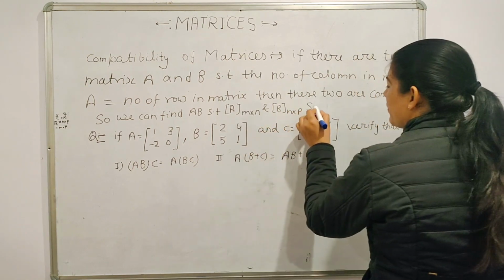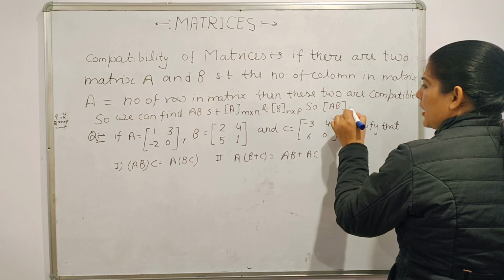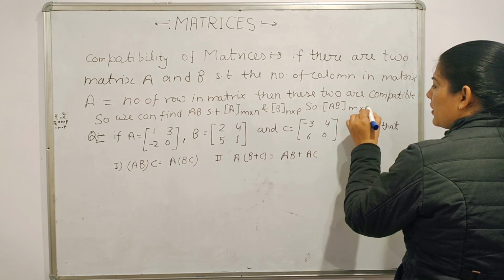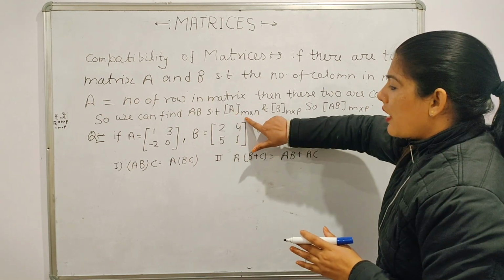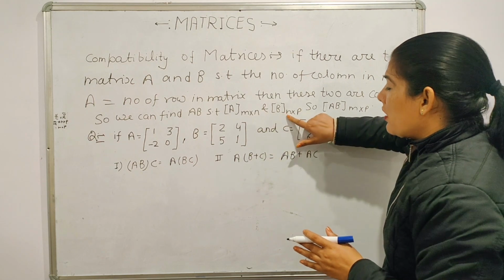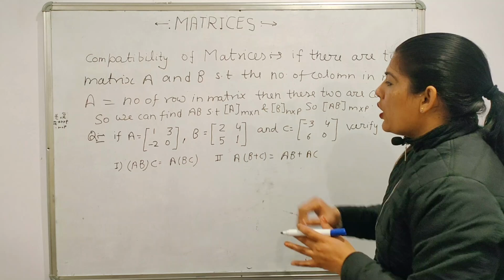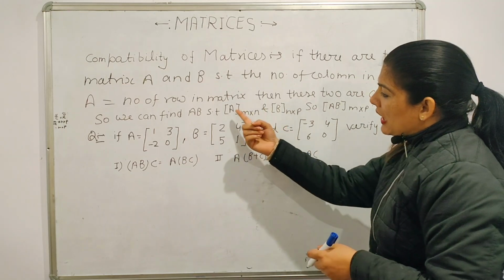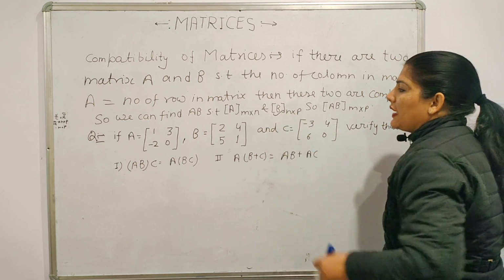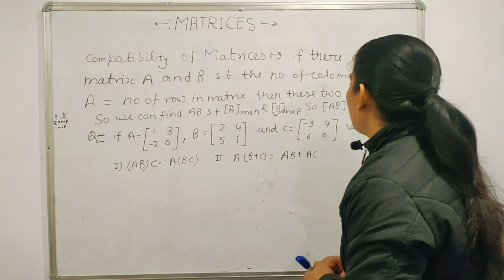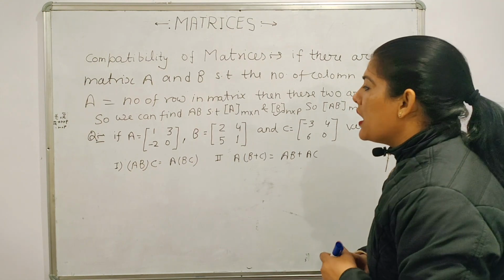So the order of AB will be m by p. Here there are m rows and n columns, and here there are n rows and p columns. So what is the compatibility condition? The number of columns should be equal to the number of rows in the second matrix. Then we can find AB, otherwise we are not able to find the product of those two matrices.